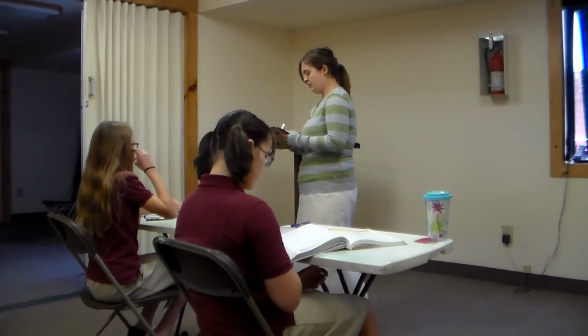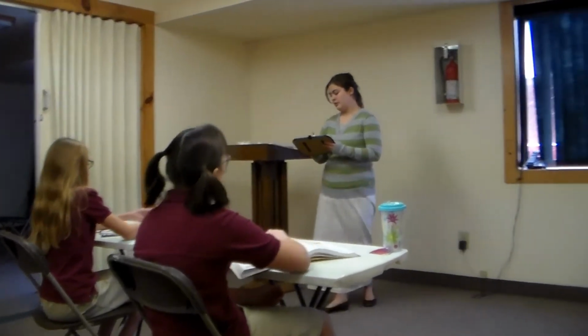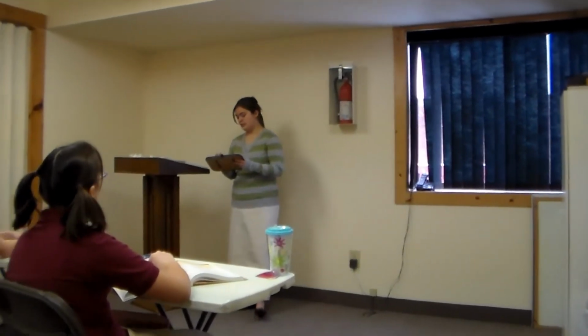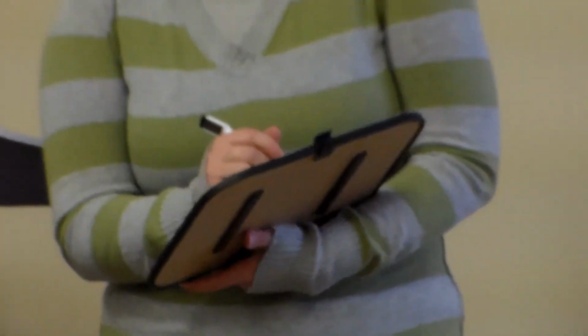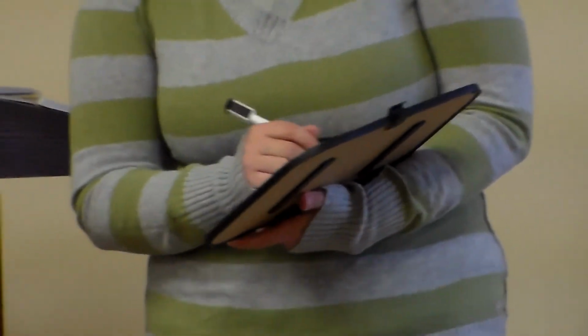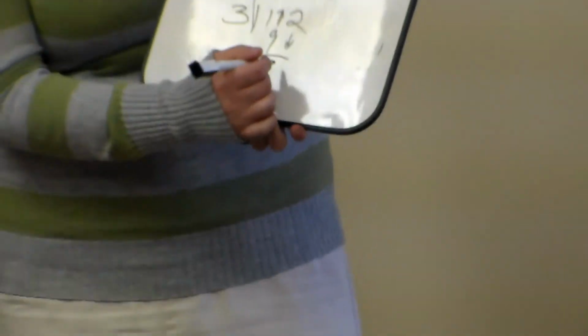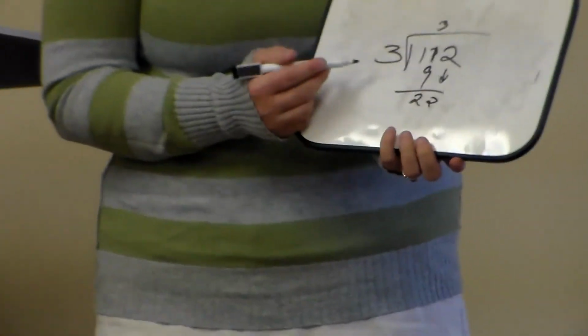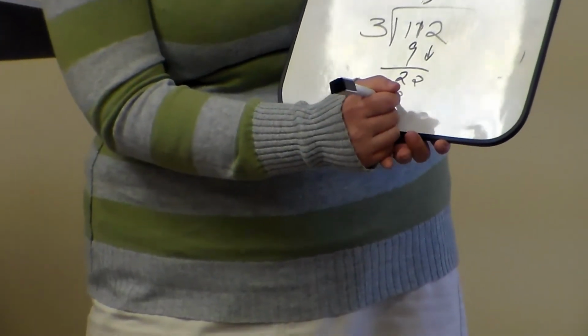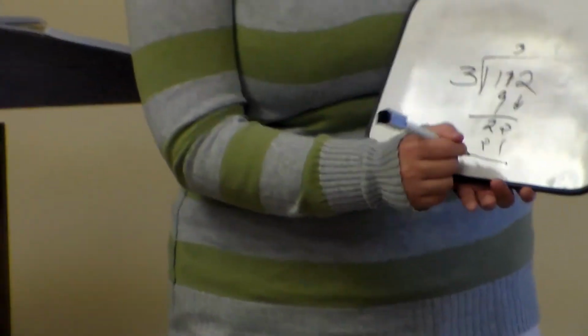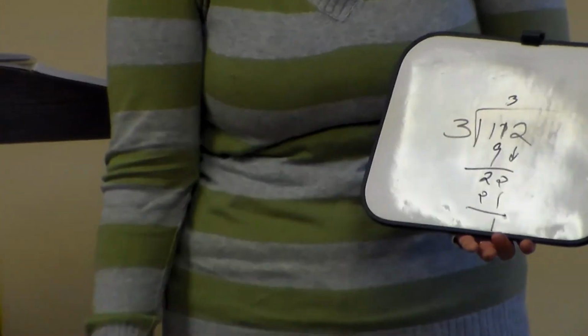When you're changing a fraction into a mixed number, you divide it like that. That's one way of doing it. So take 3 into 11, I get 3. I have 2 left over. I'm going to bring down my 2. That gives me 22. 3 is going to go in 22, 7 times, and that leaves me with 1.